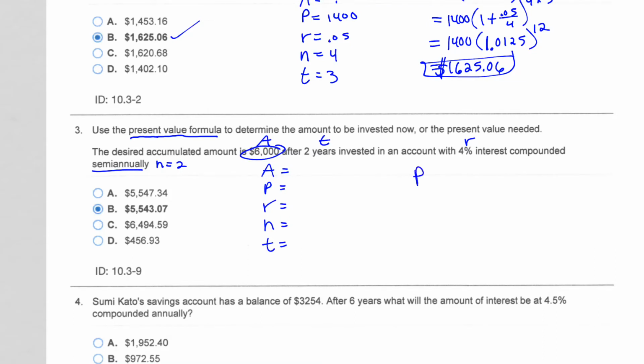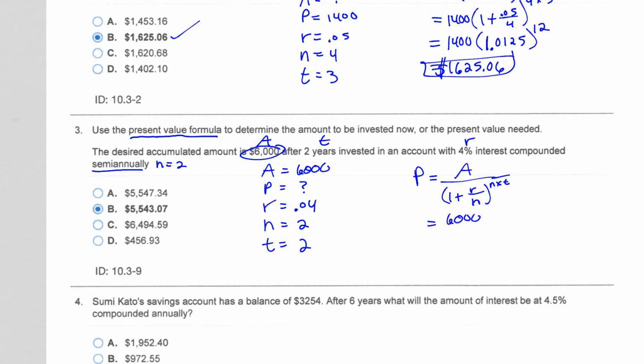So this time, we want to divide both sides by the parentheses. So it's going to be basically the formula. Just puts the parentheses under the A. That's the only difference. Okay. So A is 6,000. P, we don't know. R is 0.04. N is 2, and time is also 2, 2 years.